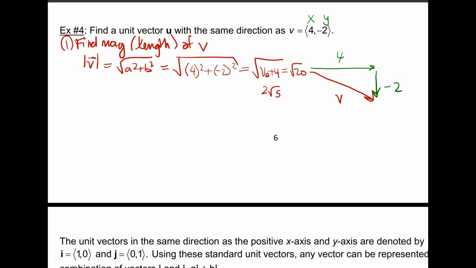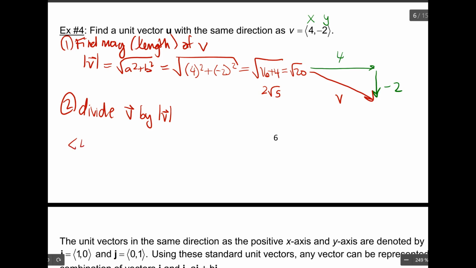So I'm going to divide my vector by 2 root 5. That's step 2.